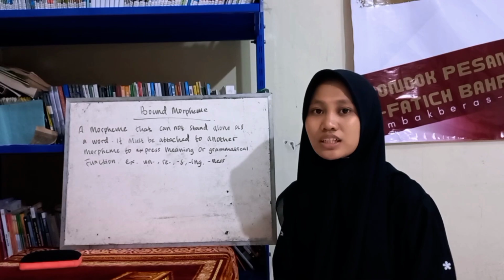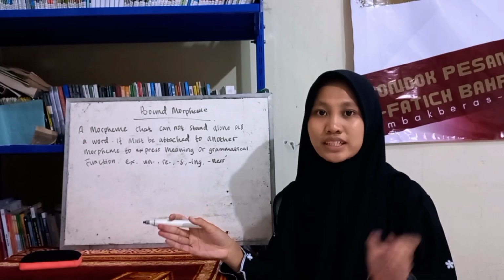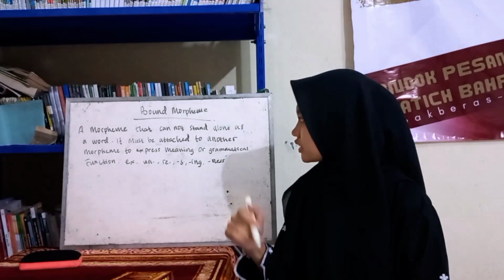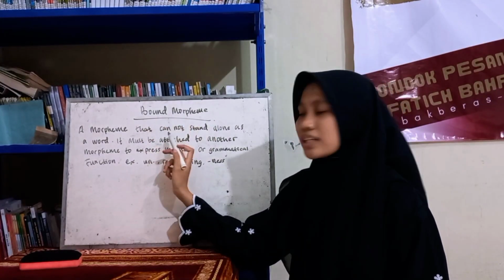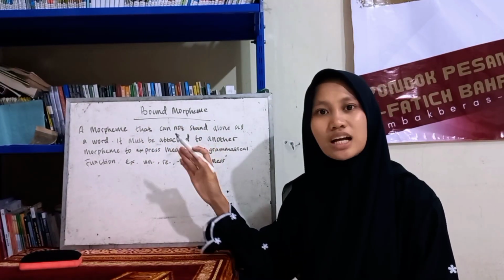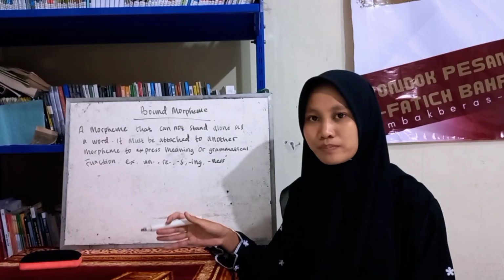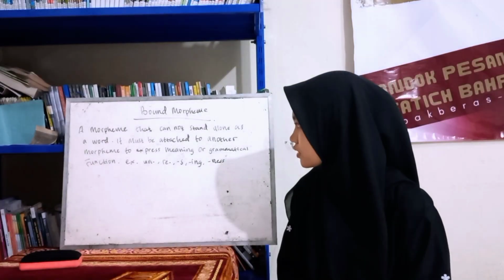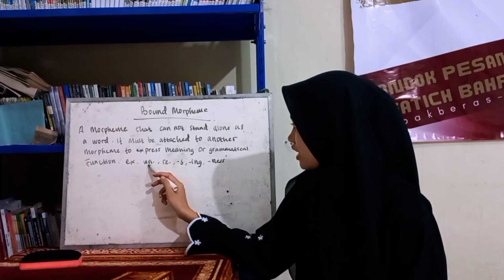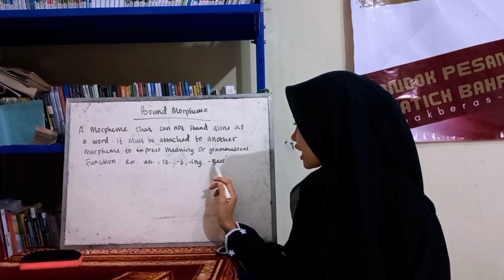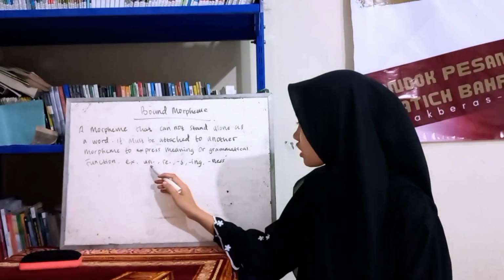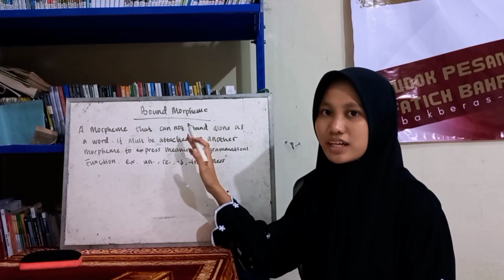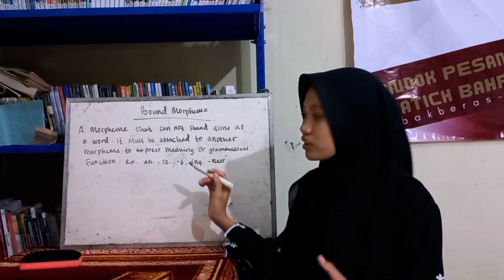It means that if a free morpheme can stand alone and doesn't need another morpheme, a bound morpheme cannot stand alone and always needs another morpheme, such as a prefix or suffix. For example, un, re, s, if, and s. All of these morphemes cannot stand alone and always need another morpheme.